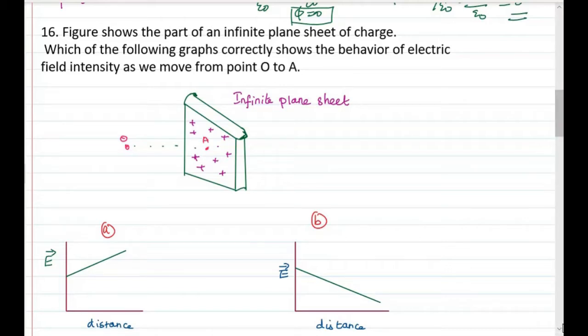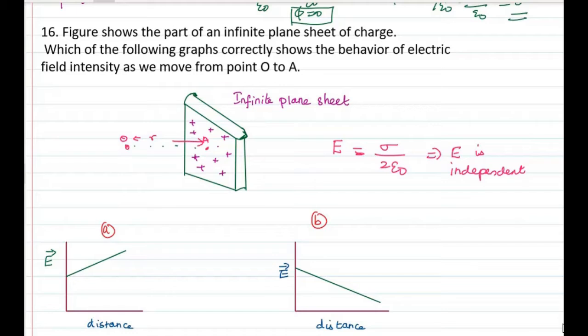As we move from O to A, what is the behavior of the electric field with respect to distance? For an infinite plane sheet, after derivation we get the final expression E is equal to sigma divided by 2 epsilon naught. From this, we say that E is independent of the distance R. From O to A, the electric field is independent of distance.